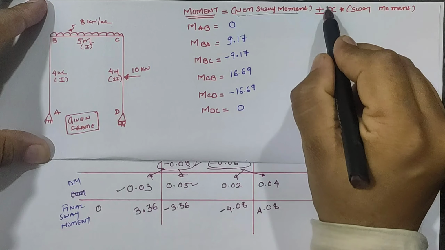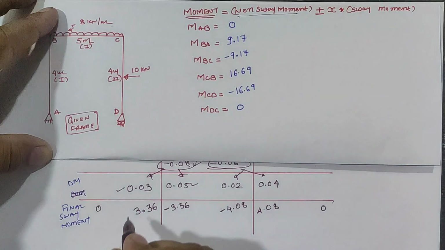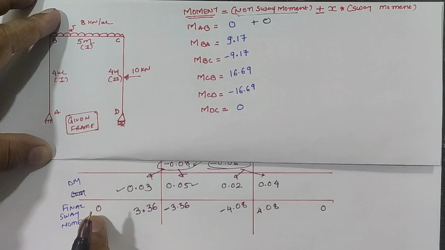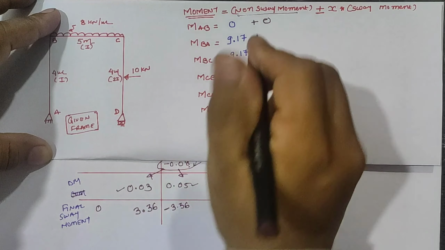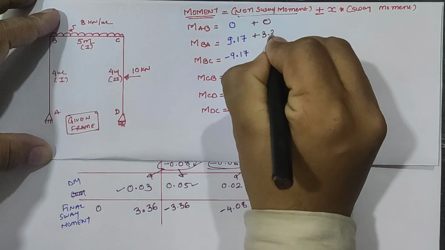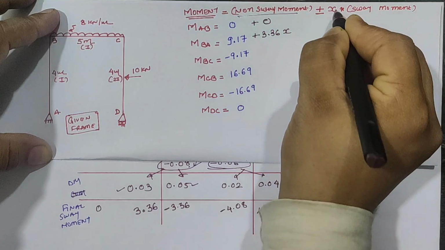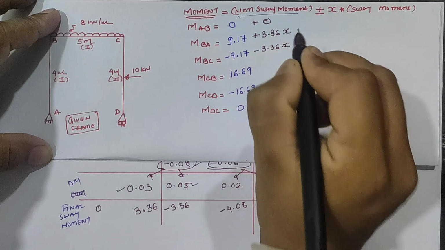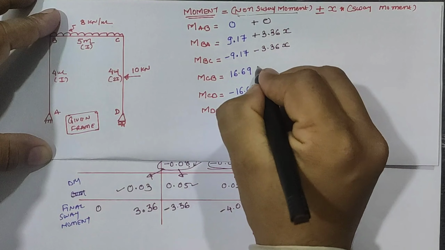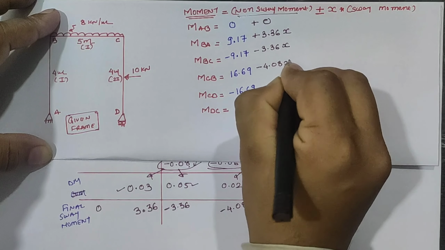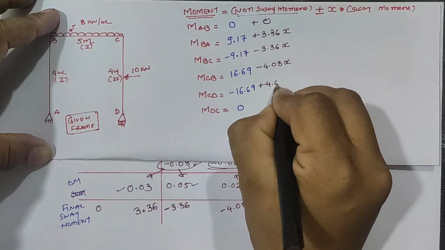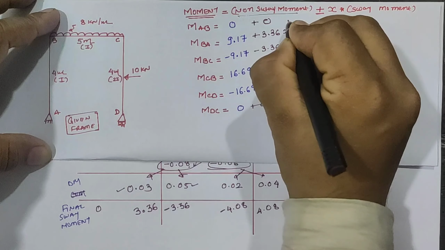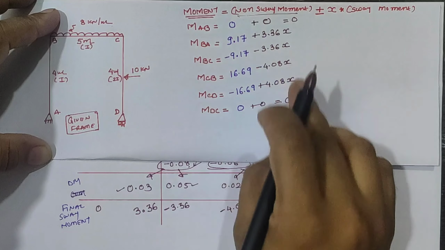Now we have to apply plus or minus x into the sway moment, hence the value is 0 at AB, 3.36 at BA into x as a correction factor, minus 3.36, minus 4.08, plus 4.08, and 0. Now this value is 0 as all the terms are 0.